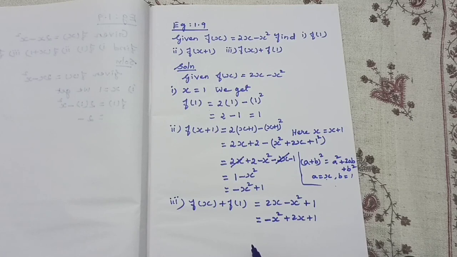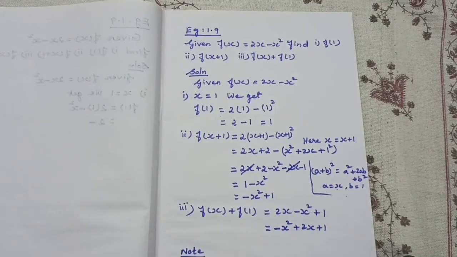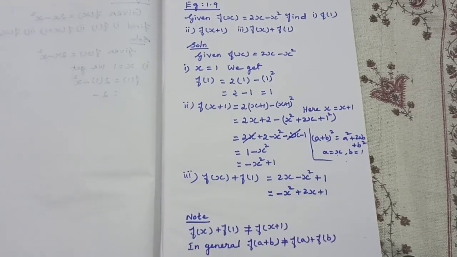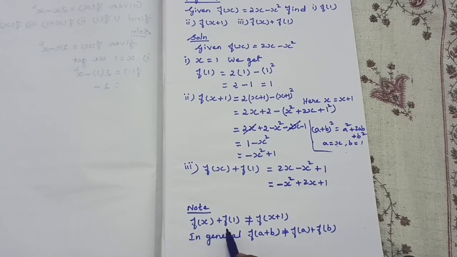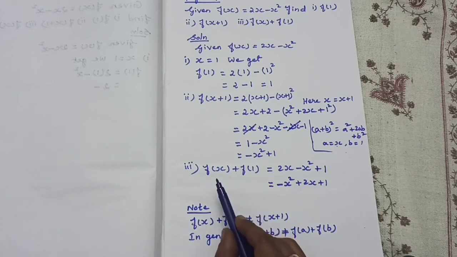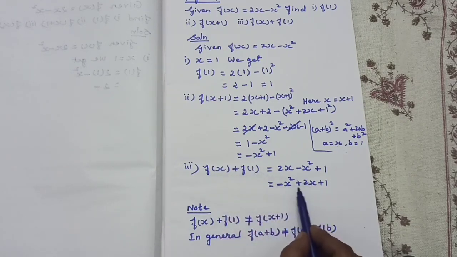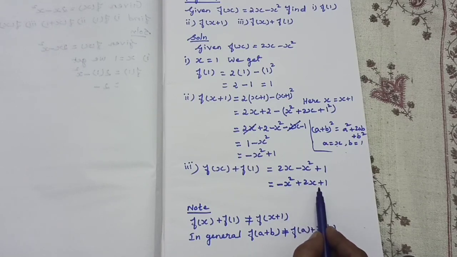Okay, have you understood? Then we have to see one note. F of x plus f of 1 is not equal to f of x plus 1. Okay, f of x plus f of 1 is not equal to f of x plus 1. Shall we check? F of x plus f of 1 is equal to, we got this answer, isn't it?